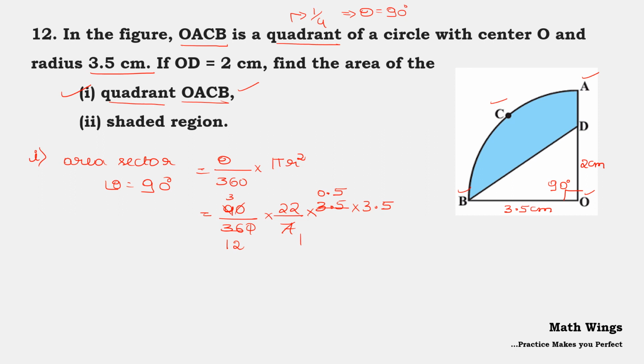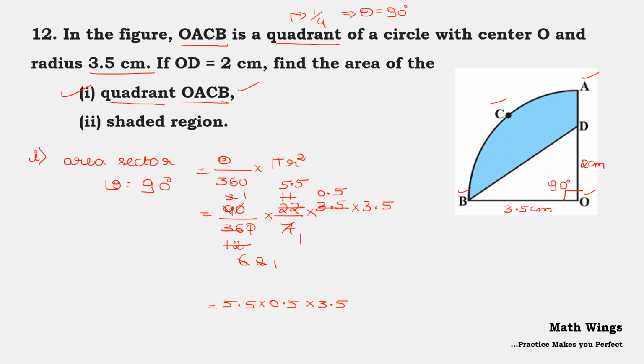If I simplify this one, I'll get 2 6s are 12, 2 11s are 22, then again 3 1s are 3, 3 2s are 6. Further simplifying, I will get 2 1s are 2, 2 5.5s are 11. So what we have now? We have 5.5 into 0.5 into 3.5. Correct? So how can I simplify this one?